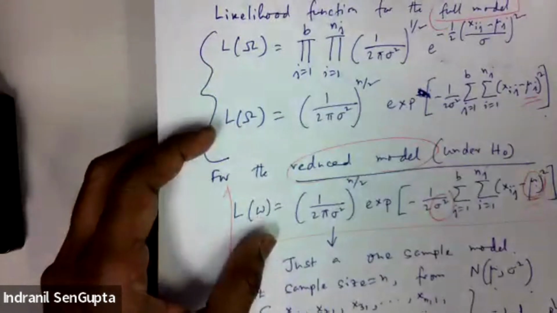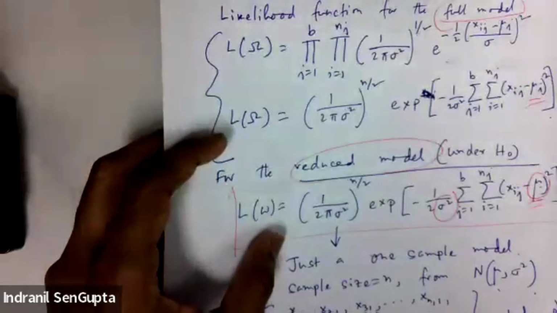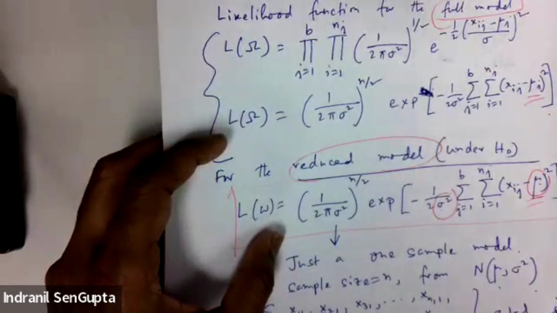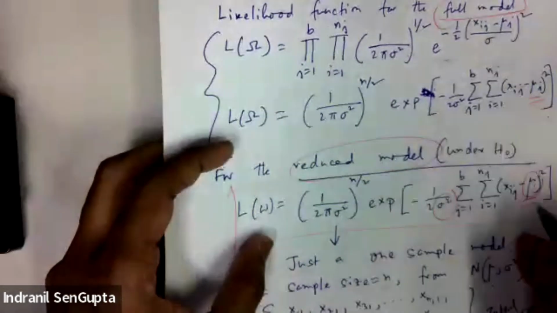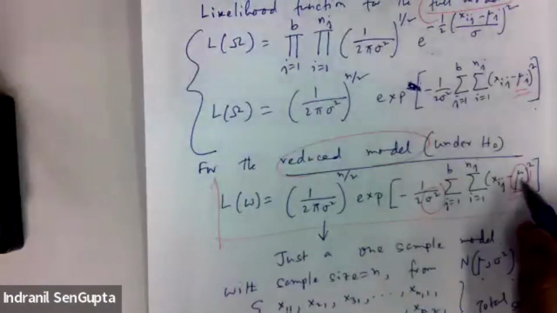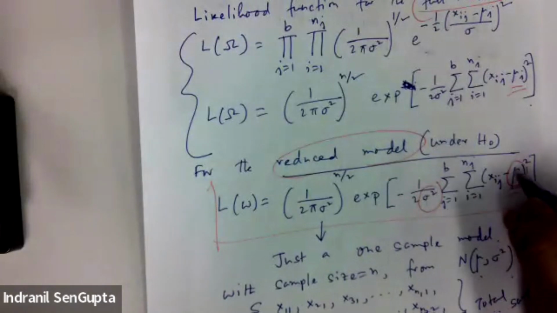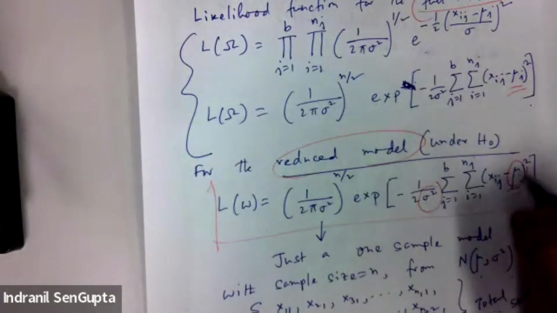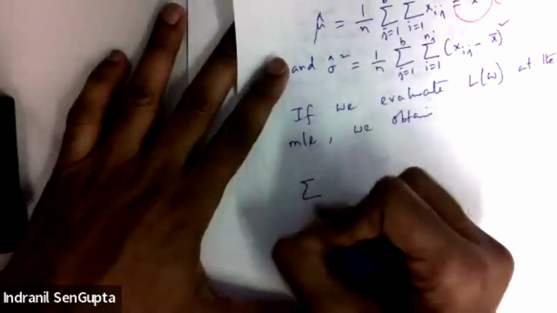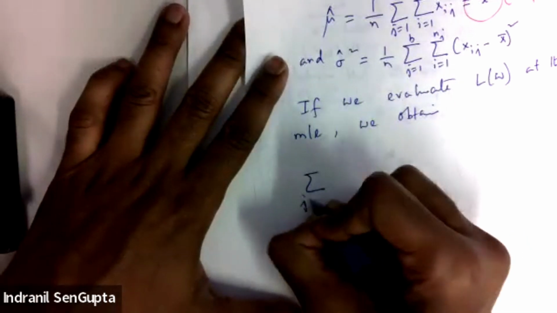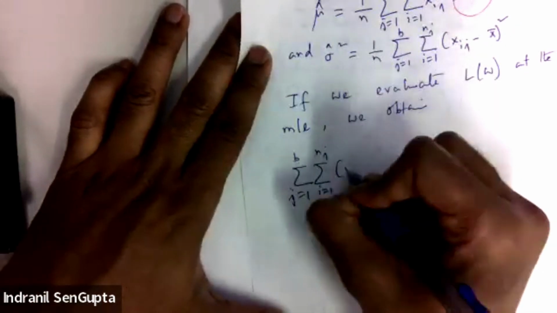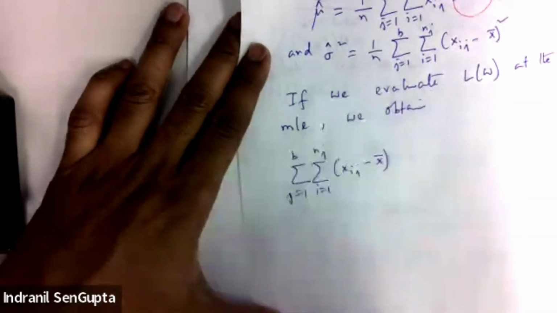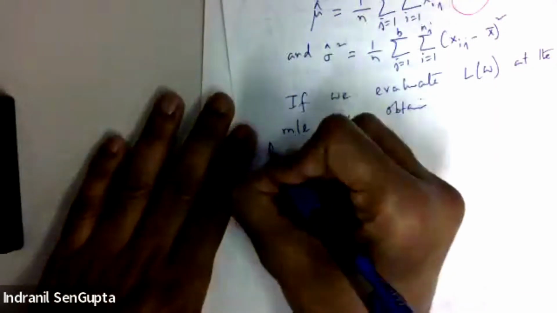Now, if you simplify this a little bit, you can easily check that if I write x bar instead of mu, then this quantity is basically 0, isn't it? Let's consider this as an aside: the sum over j from 1 to b, i from 1 to n sub j, of x_ij minus x bar.